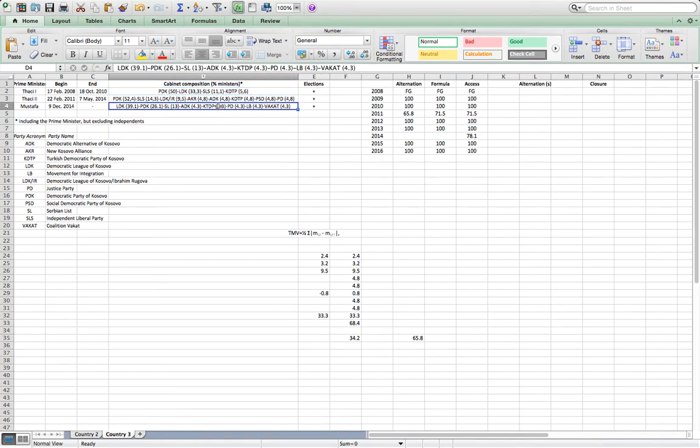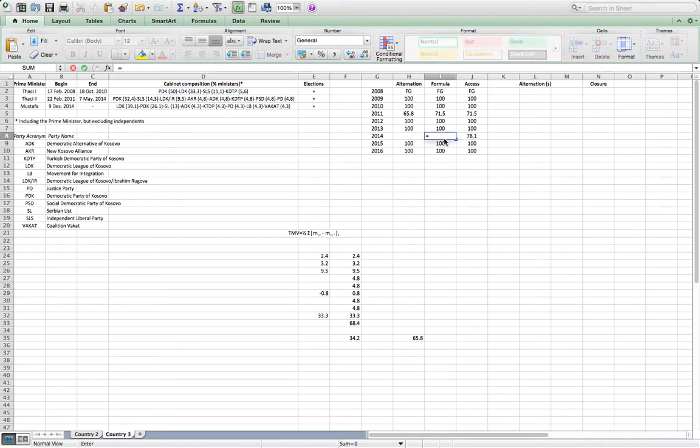But in other countries, like for example Switzerland, that goes back to the 19th century, even if you have conflicting situations, which one do you think the current voters will remember more? Of course, and the current elites, they will remember the closest in time. So, which is the closest in time? The combination of PDK, ADK, KTDP, and PD, that were together in 2011.